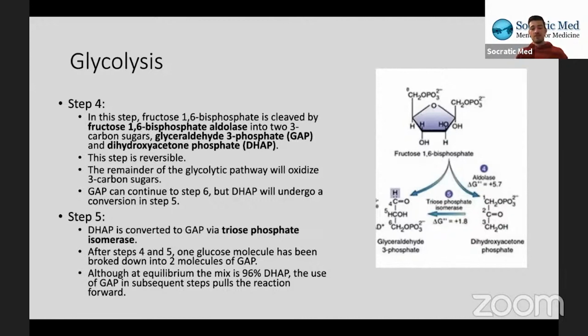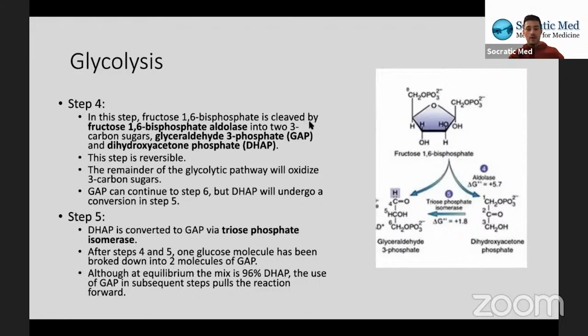So it's super favorable in the reverse reaction. When we're trying to convert DHAP into GAP, 96% at equilibrium is going to stay as DHAP. So the reaction alone does not proceed forward very quickly.